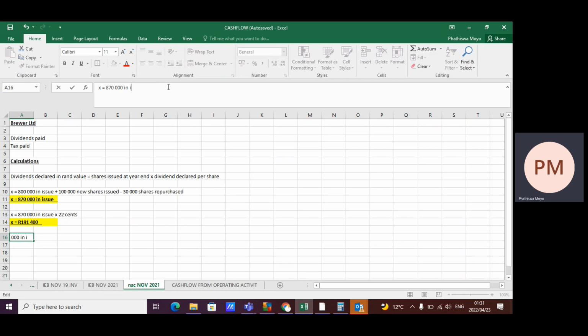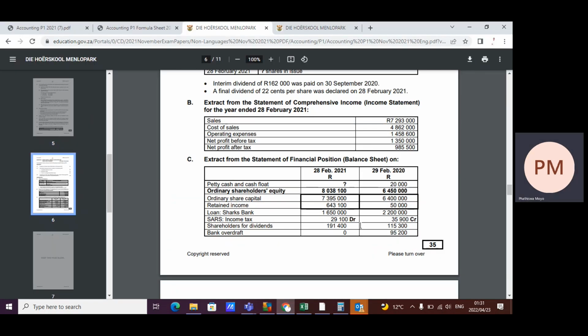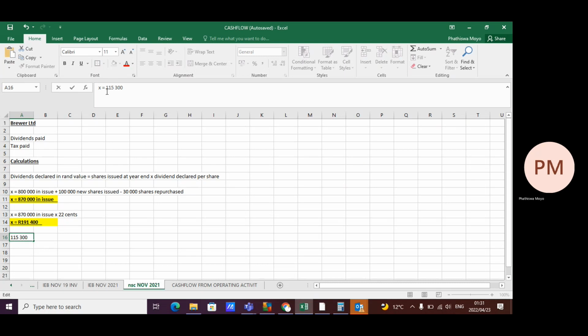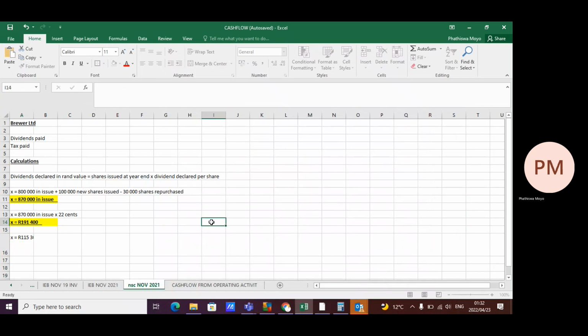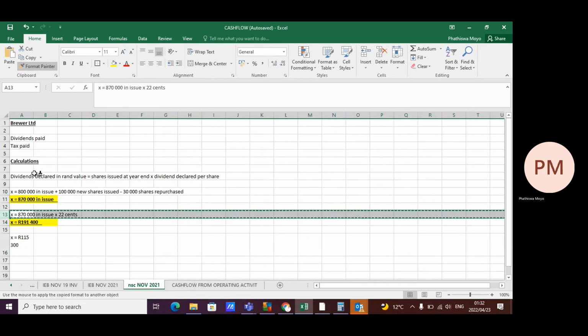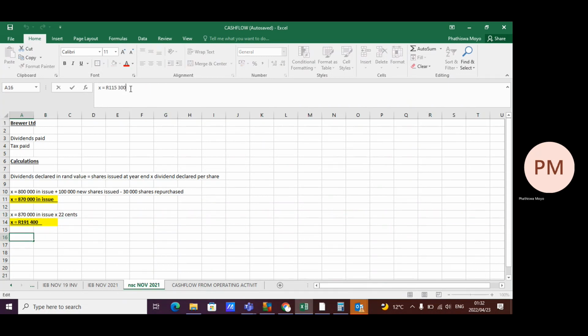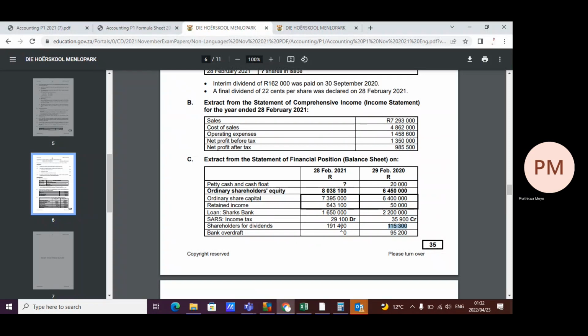Again, opening balance, which would be on the credit side because this is a liability, plus the dividend declared, and we're saying we paid our debt, leaving 191,400 remaining.